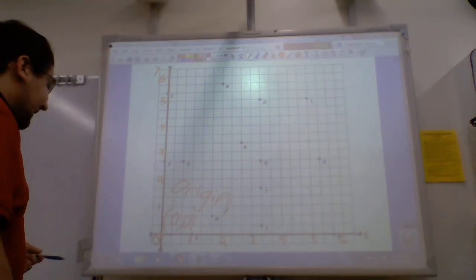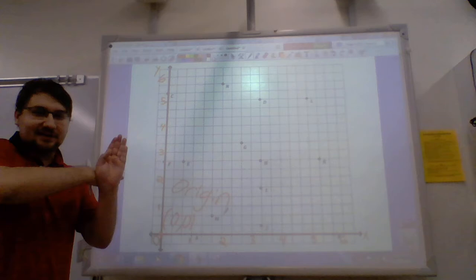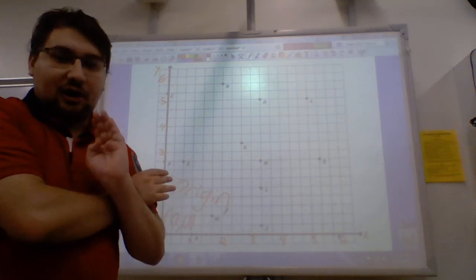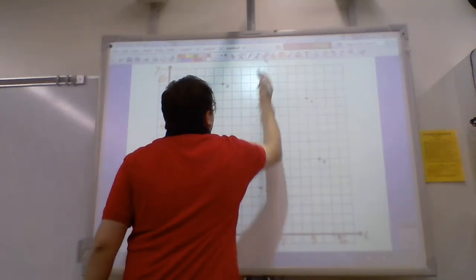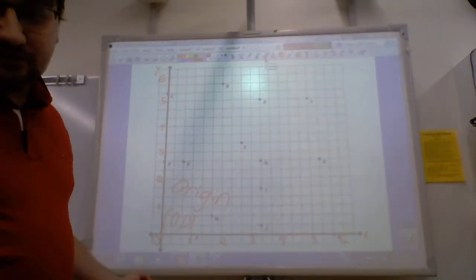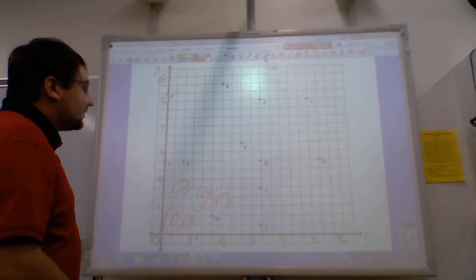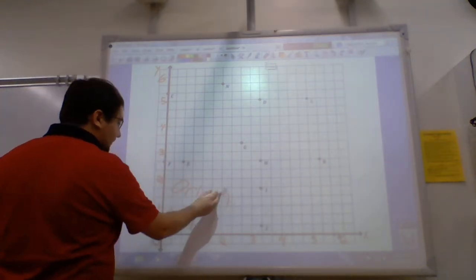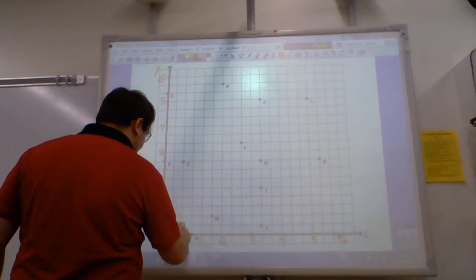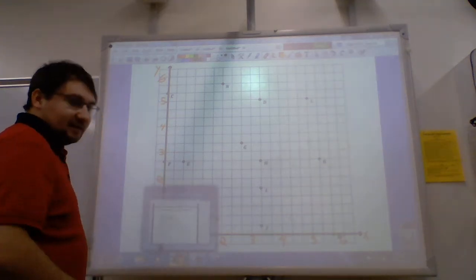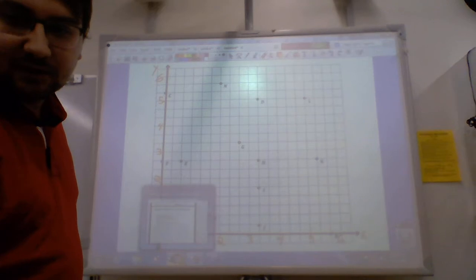The point on this plane that's 0, 0 where they intersect, that's called our origin. So the answer to this one is at 0, 0, and another name for this point on the plane is called the origin. I erased that 0 a little bit, but that's fine.